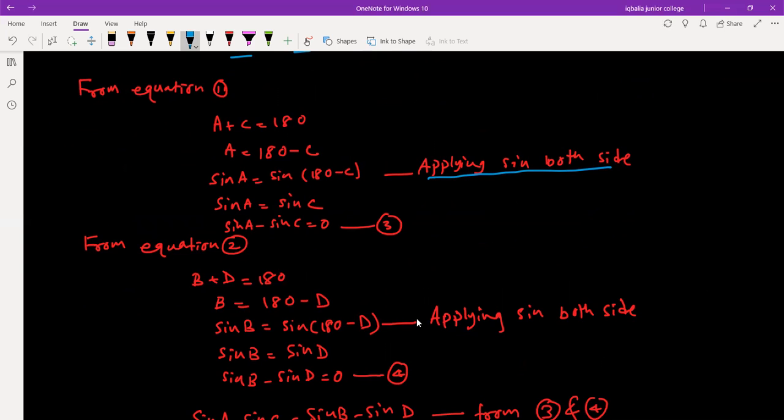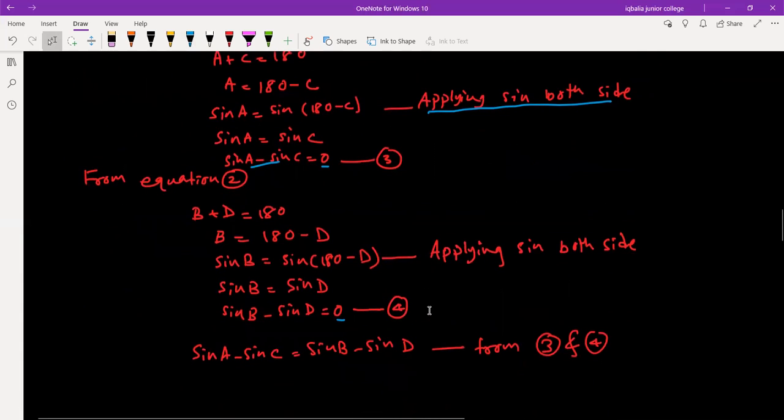So you can see in equation number 3, this term is equal to 0 and this term is equal to 0. So from equation number 3 and 4, these two equations are equal. So here I wrote sine A minus sine C is equal to sine B minus sine D from equation number 3 and 4. So this is what we have to show.